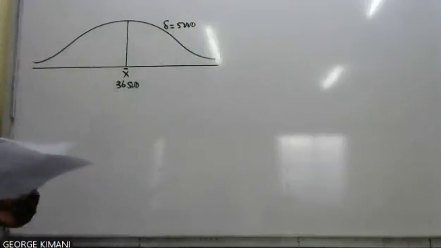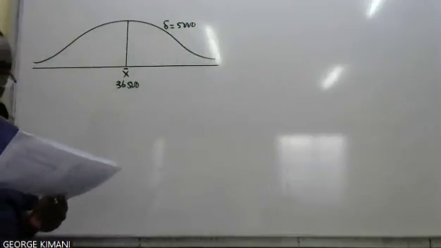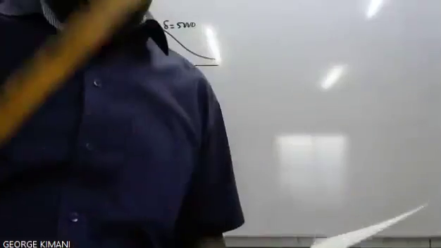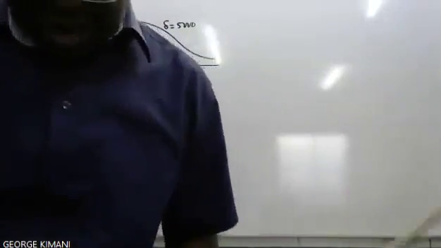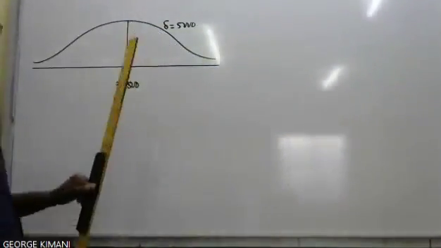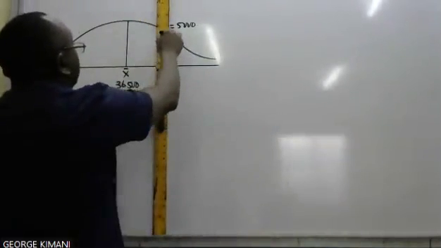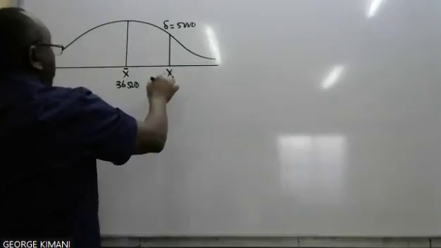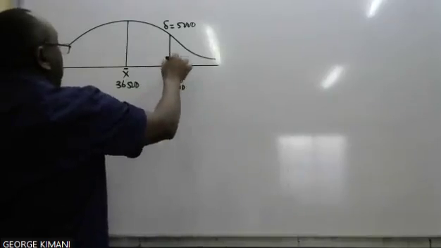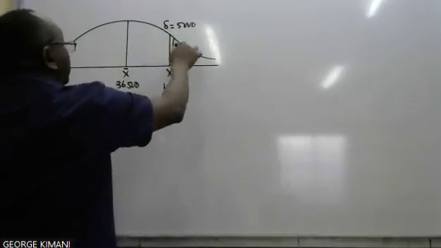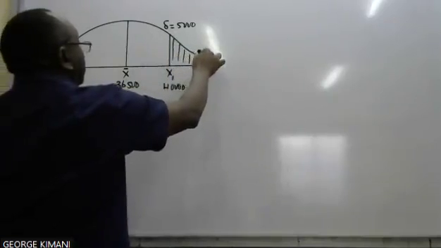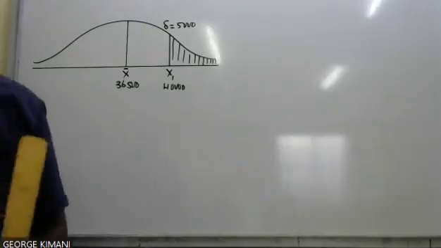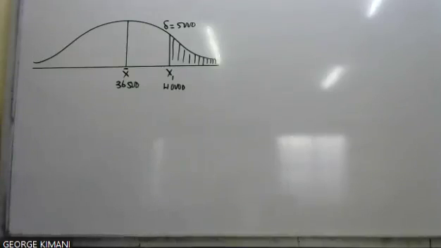And we are also told that they will distribute if we can get more than 20% covering more than 40,000 kilometers. So 40,000 will be then somewhere here. X1, this is 40,000. So we are looking for this. We are looking for that side, the probability of that.